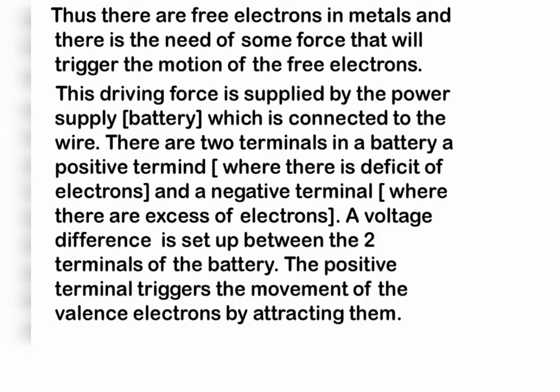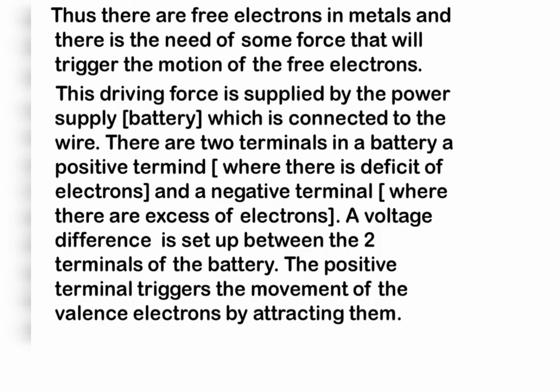Thus there are free electrons in metals, and there is a need of some force that will trigger the motion of the free electrons. Now who supplies this driving force?